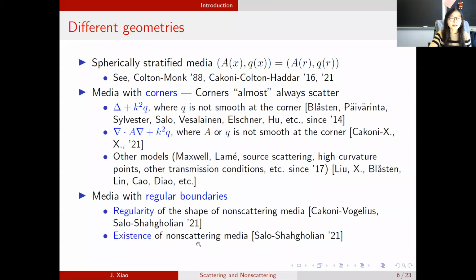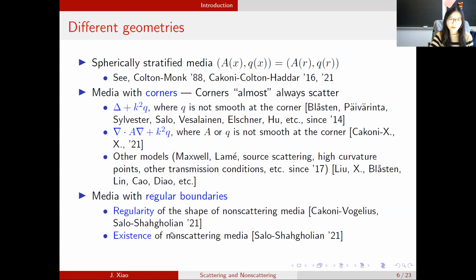So basically, given an infinitely smooth domain, one can construct first the incident field, which is positive on the boundary, and then using these two things, one can construct for this domain and for this incident field a specific media for which this incident field will not be scattered. So this is also another one for regular boundaries.